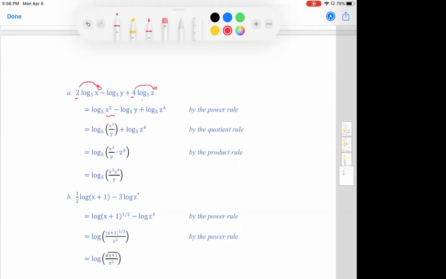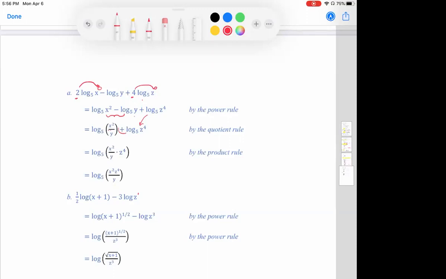Subtraction is the one that will give you the most trouble, potentially. So deal with subtraction first. So I'm going to subtract this, meaning I'll divide it to one log. So I have log base 5 of x squared divided by my y. And lastly, bring down what you have. I still have that plus log base 5 of z to the 4th power to work with.